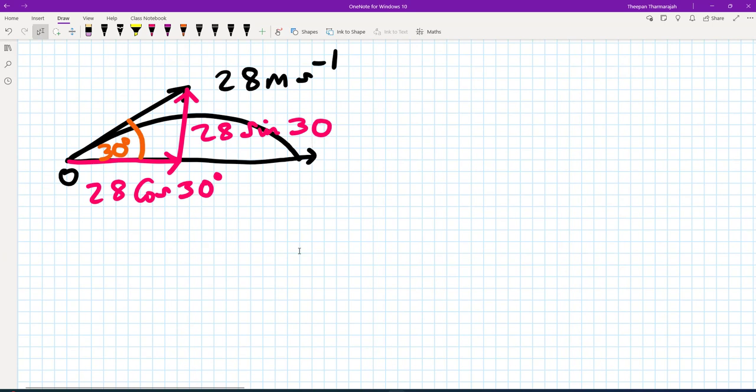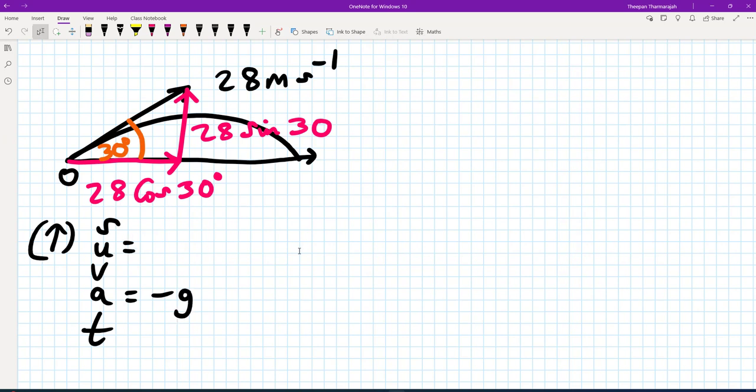So we can now do a SUVAT, taking upwards as positive. So we've got minus g, u vertically is 28 sine 30, which is, in other words, 14. And at maximum height, velocity is 0, and we need to find displacement.